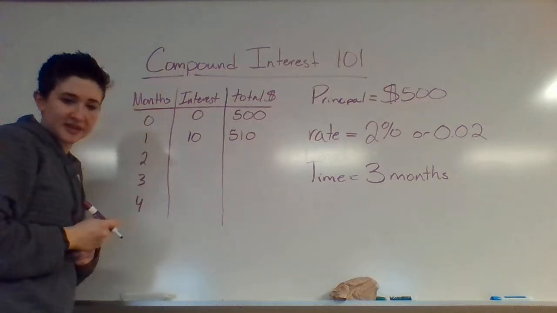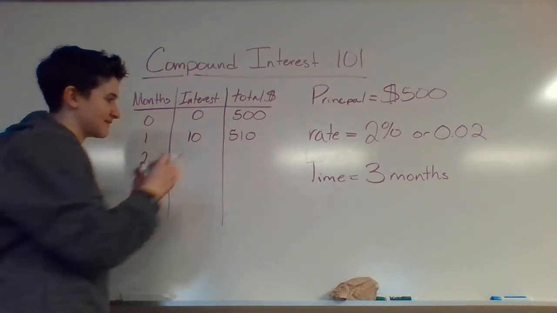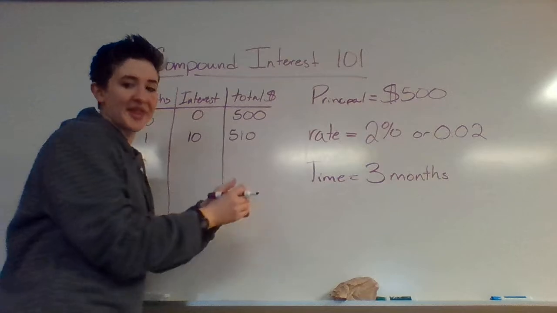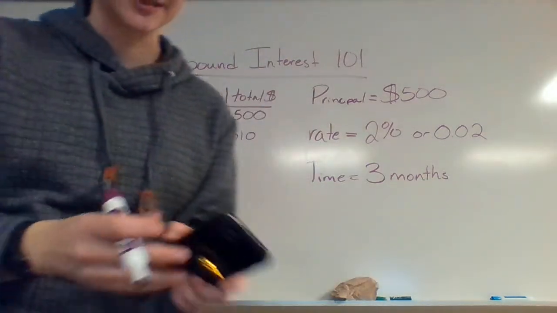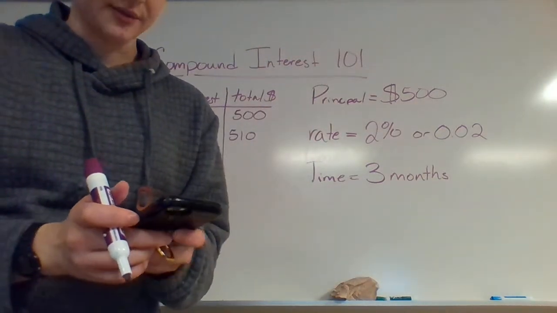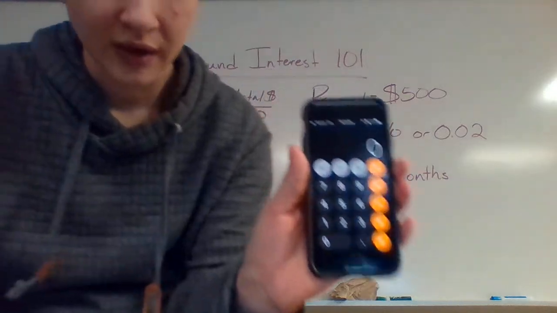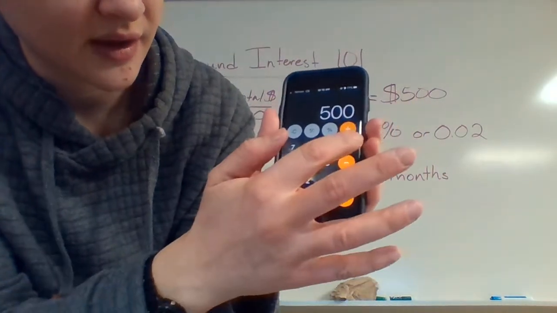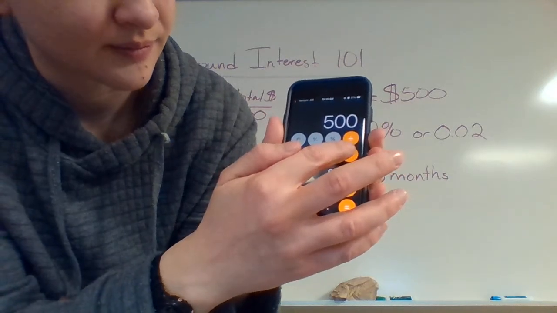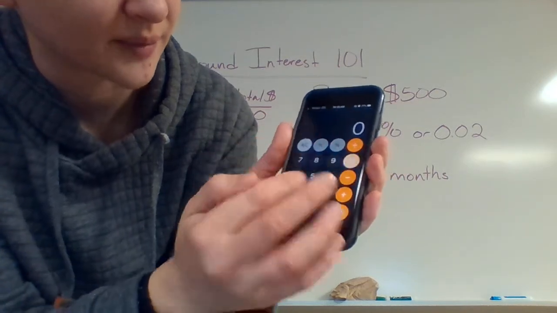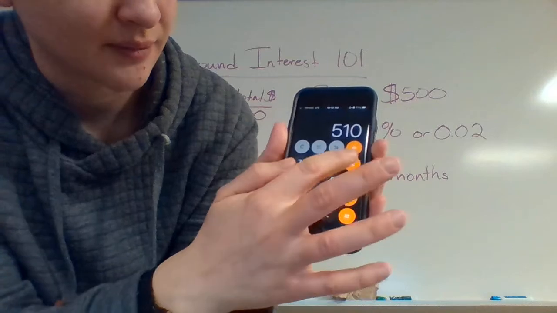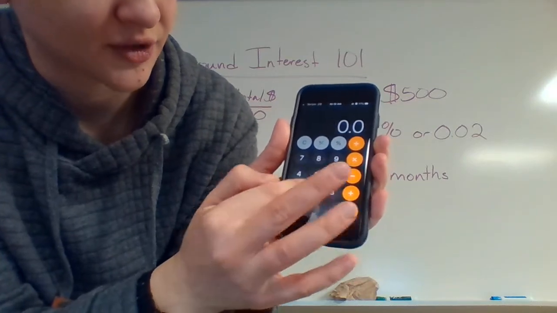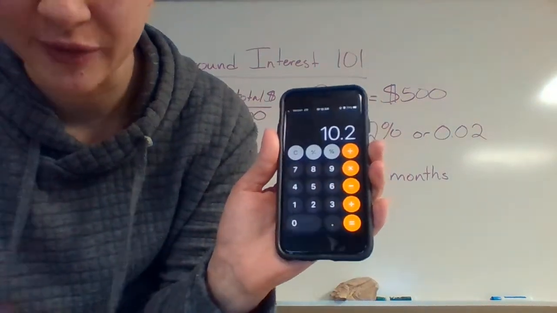This is where this gets tricky. I now need to take 510 and multiply that by 2%. So, again, we're going to demonstrate on the calculator. You take 510, multiply by 0.02, and I get 10.2.